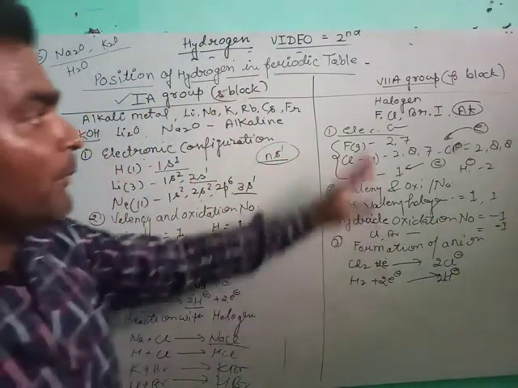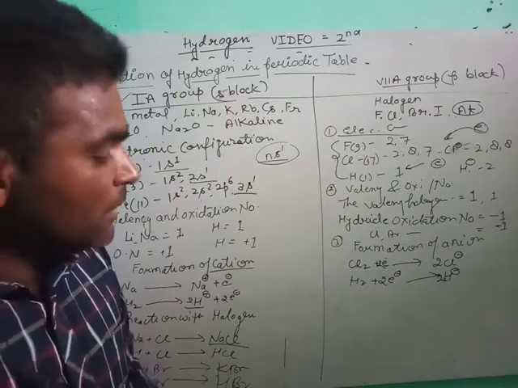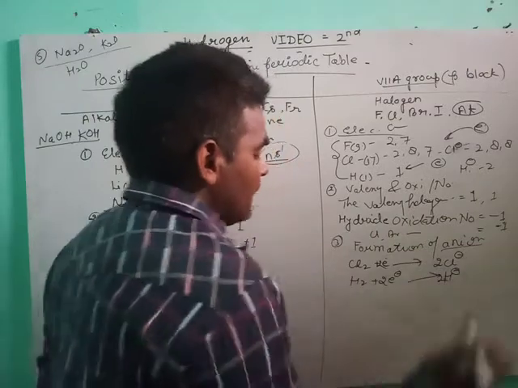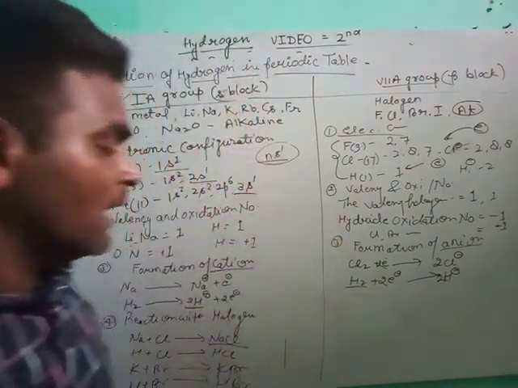So this is the similarity of hydrogen with halogens. Halogens accept an electron and form an anion, and hydrogen also accepts an electron and forms an anion.